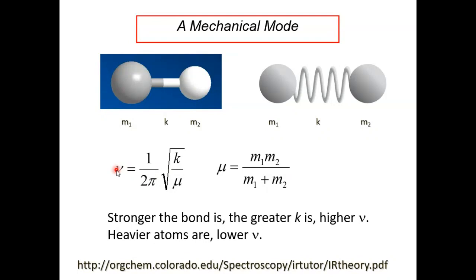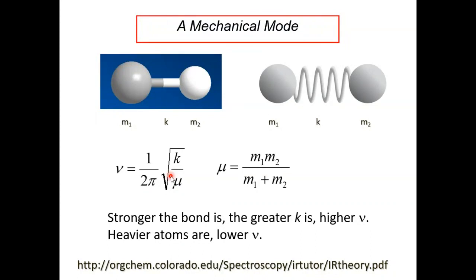The other thing is if you keep K constant. Then if mu is greater, the frequency will do what? If mu increases, the frequency will decrease. So the heavier the atoms are, the lower the frequency.